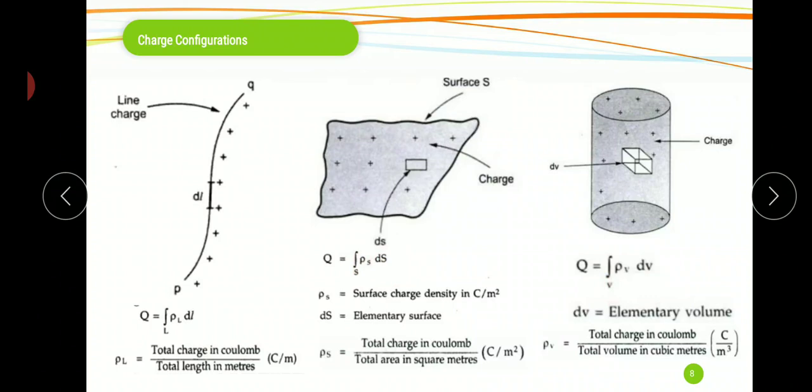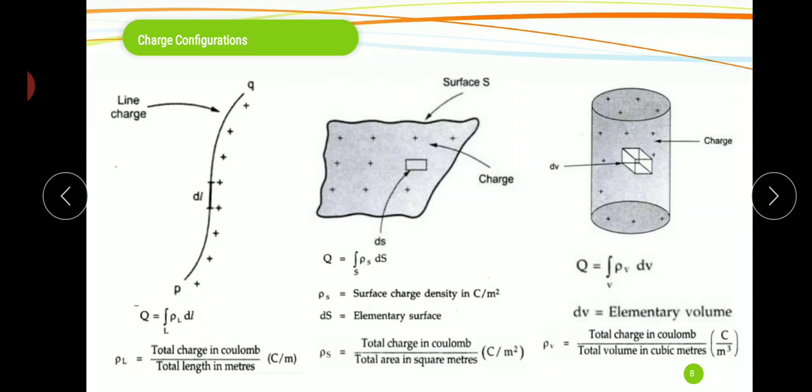So what is the meaning of rho l? Rho l is the linear charge density. So this is equal to total charge by total length. Here the meaning of integration is that it covers everything from the starting point to the ending point.